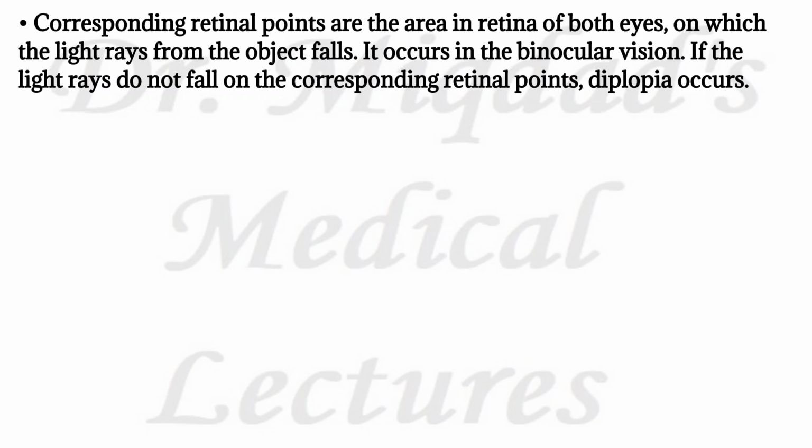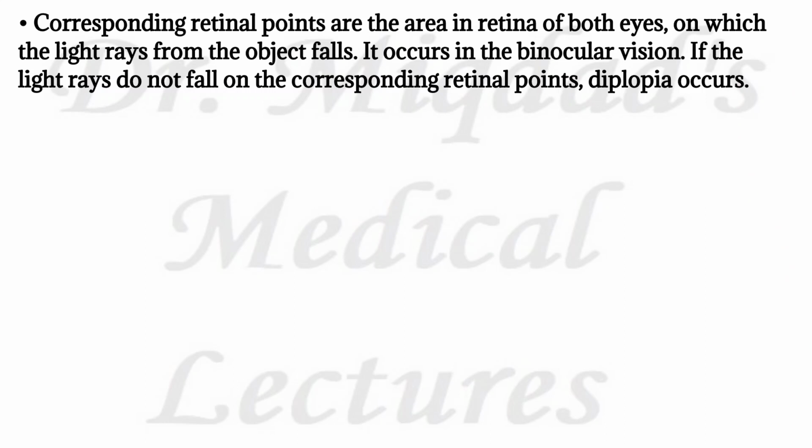Diplopia can be produced experimentally by applying gentle pressure from the outer side of one eye and thus displacing the eye from its normal position. Here you can pause this video and do this experiment and check by yourself.